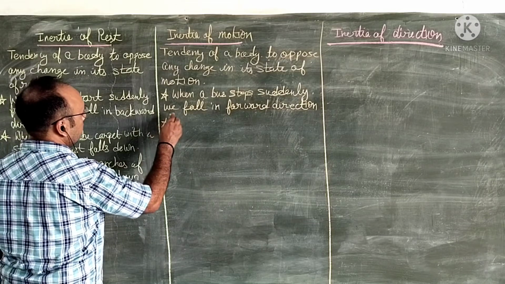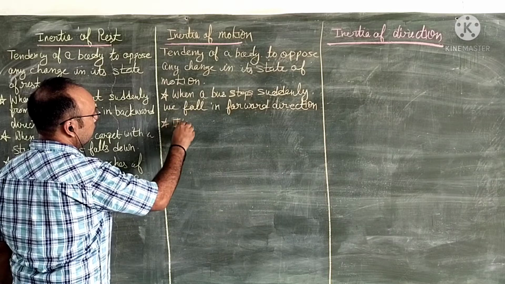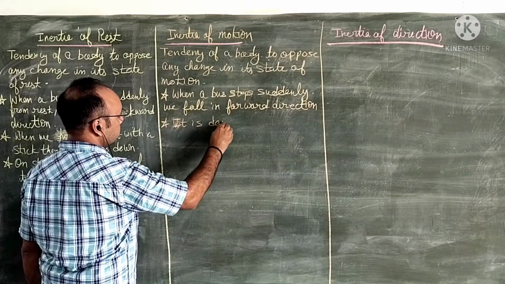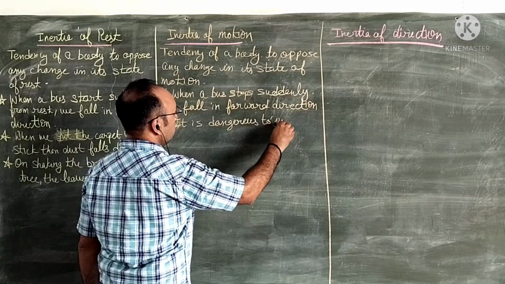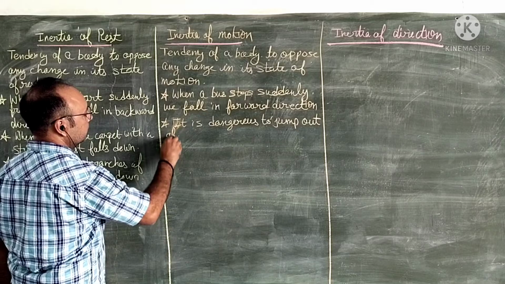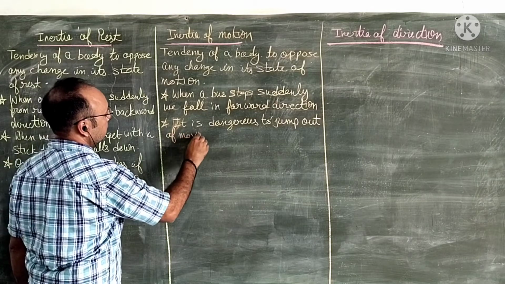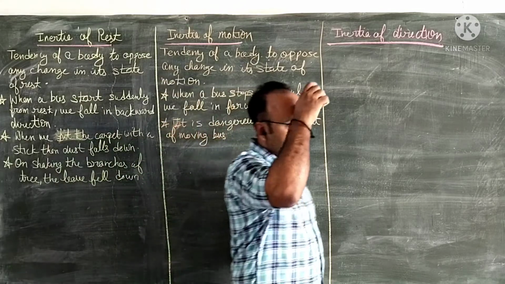In the same way, it is always advised not to jump out of a moving bus, because it is dangerous. When we jump out of a moving bus, what happens?